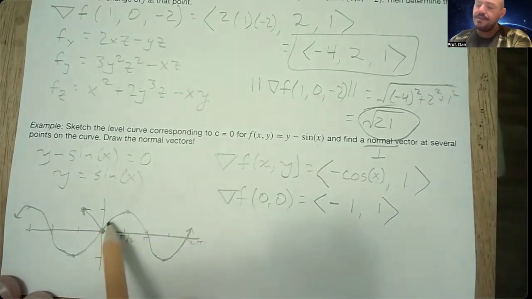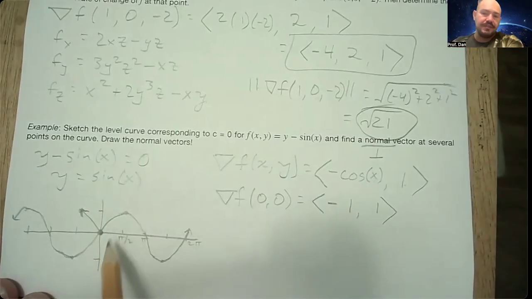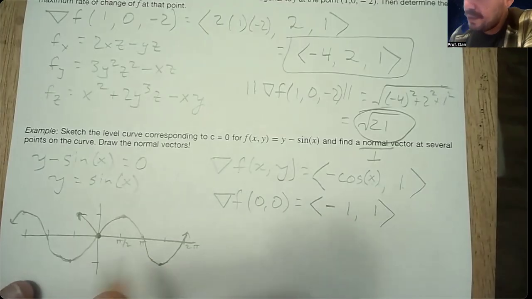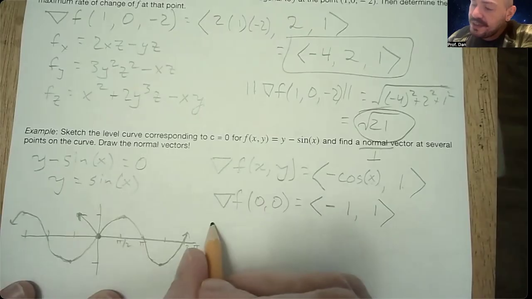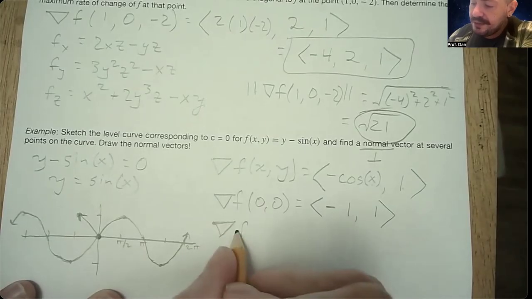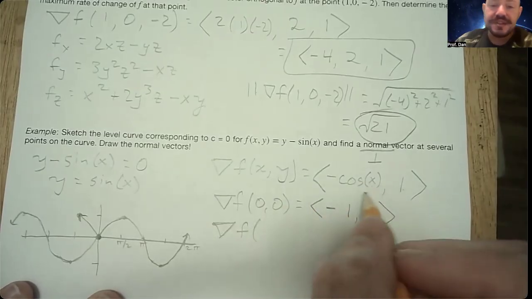And you see how if I were to draw a tangent line there, this would be perpendicular to that. There we go. Orthogonal at that point to the level curve. Okay, now if I pick an easy unit circle value, I know I'm taking cosine of x.